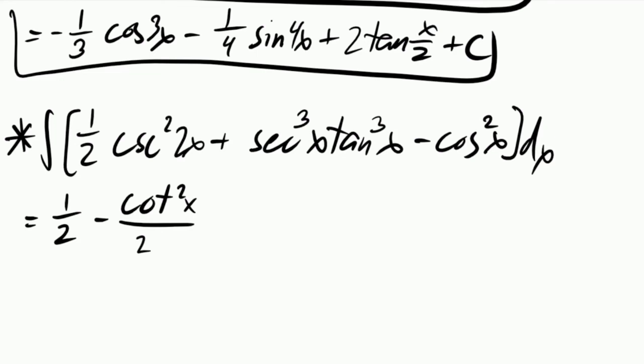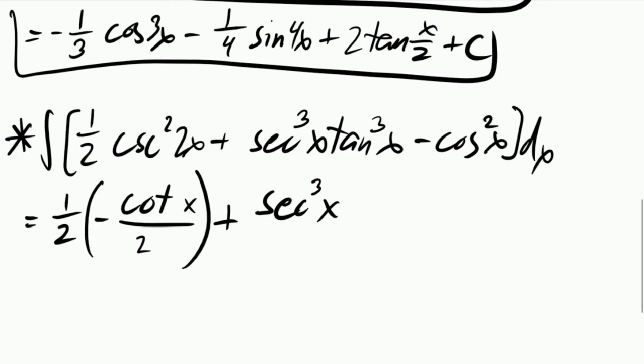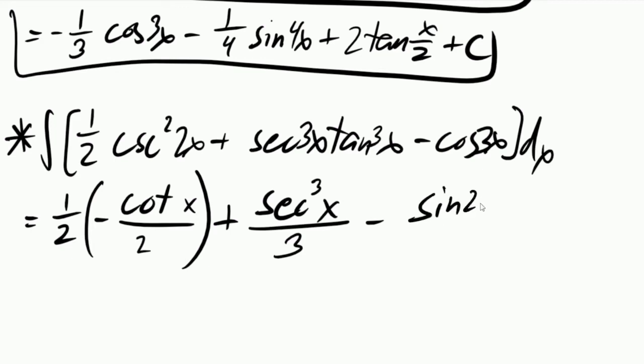Sorry, I was wrong. These are supposed to be constants. The 3 and 3, those are supposed to be constants. Secant cube x over 3 minus sine 2x over 2 plus the constant of integration.